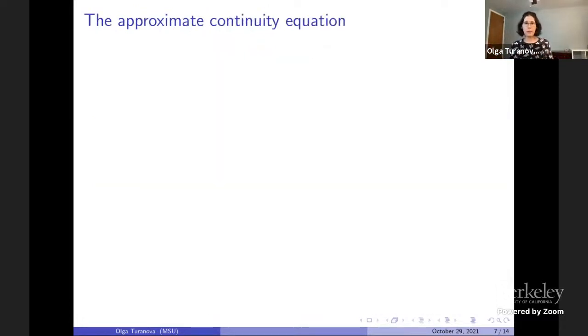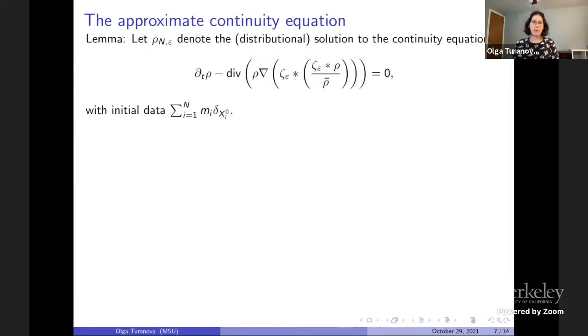So let me talk a little bit about this approximate continuity equation. Here's a lemma, which I'll write out in possibly too much detail, but bear with me.